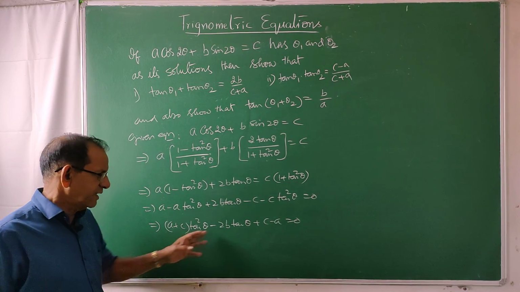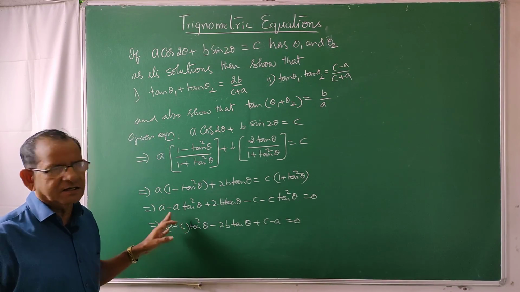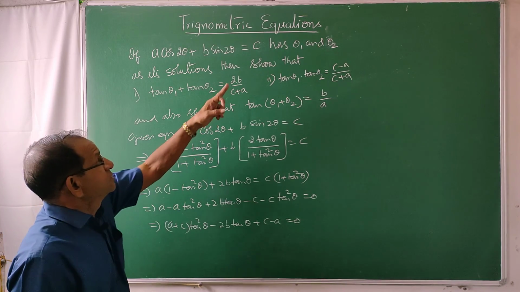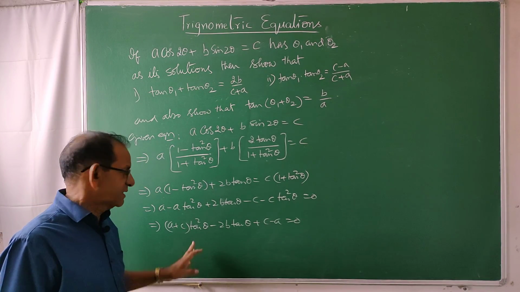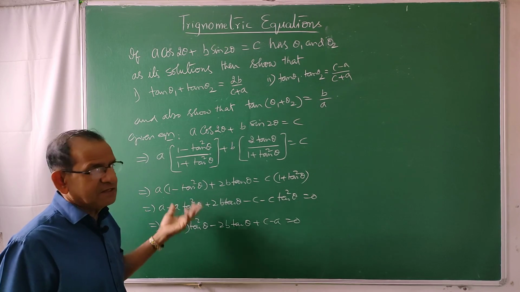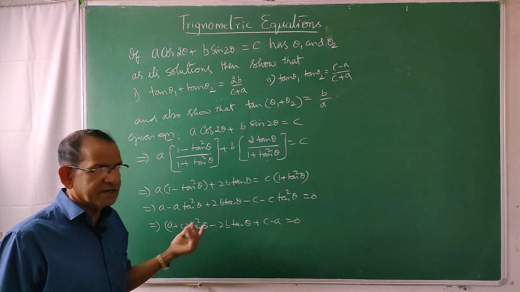Now it is a quadratic equation in terms of tan theta. The solutions are given as theta 1 and theta 2. Whenever the solutions are alpha and beta, tan alpha and tan beta are the roots.